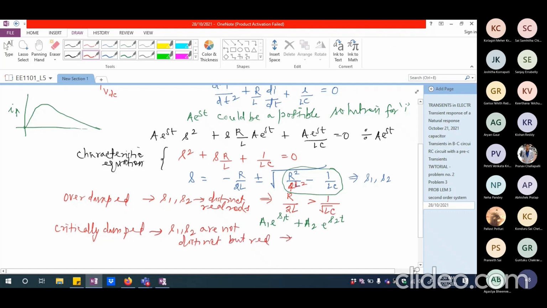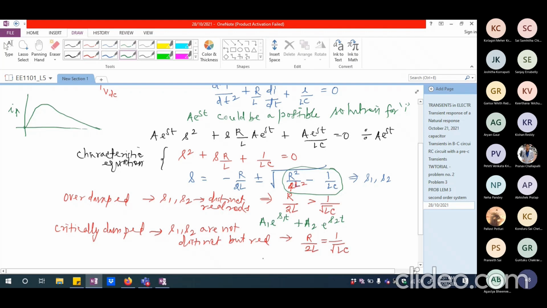So this is going to be when R by 2L is equal to 1 by root LC, which means whatever is under root is going to become 0, because of which we are going to have minus R by 2L plus or minus 0. So both of them are exactly going to be one and the same.